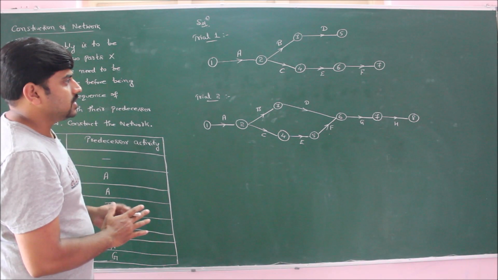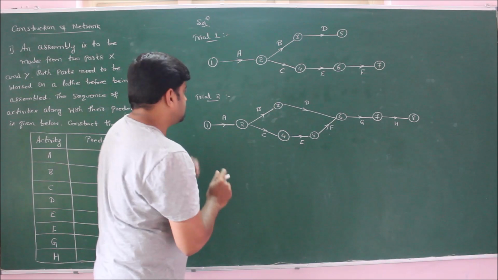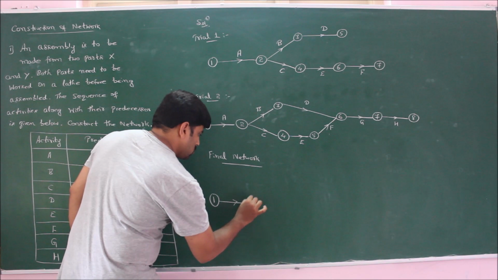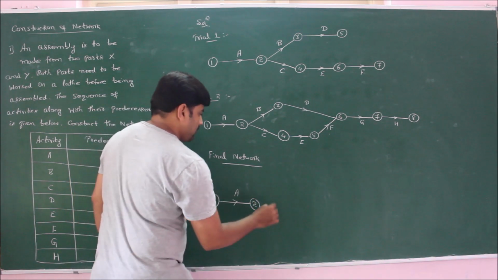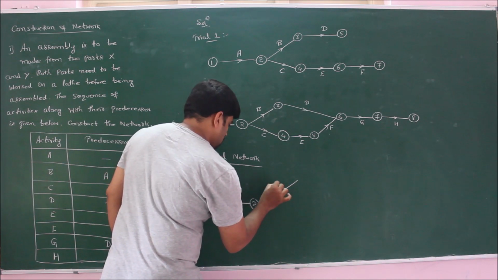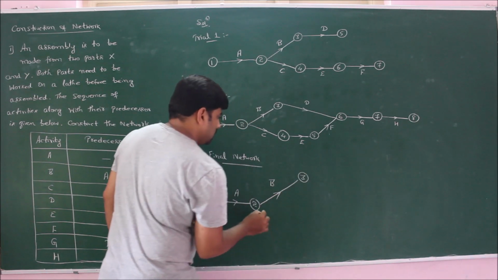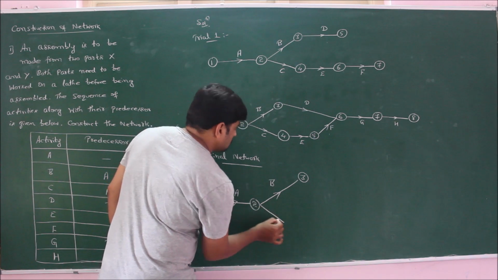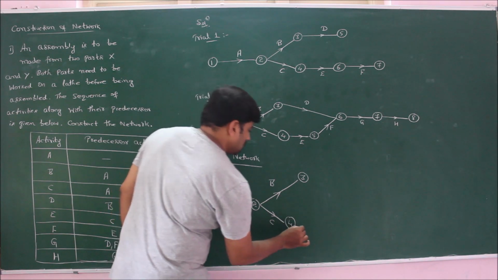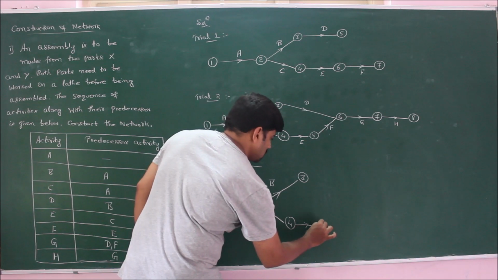In the final stage, you construct the network in such a way that it looks nice. The final network will be: 1 to 2 we have activity A, then we have activity B to event 3. Here we have two activities. One is activity C to event 4, and also activity E to event 5.